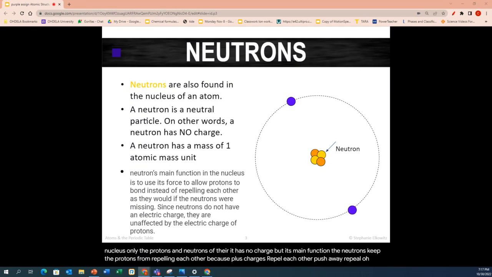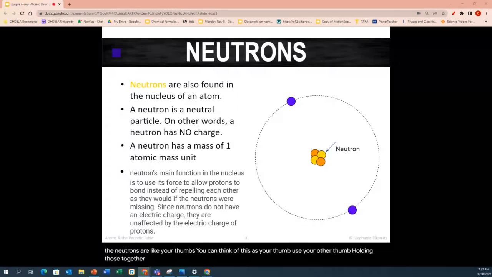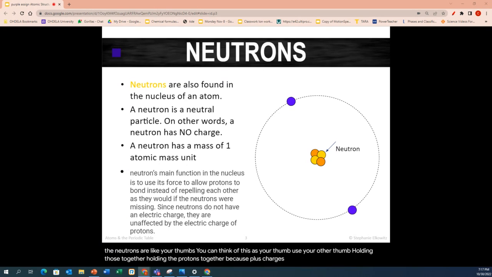The neutrons are like your thumbs. Think of this as your thumb, and use your other thumb, holding those together, holding the protons together, because plus charges don't want to stay close to each other, neither do negative charges want to stay next to each other.